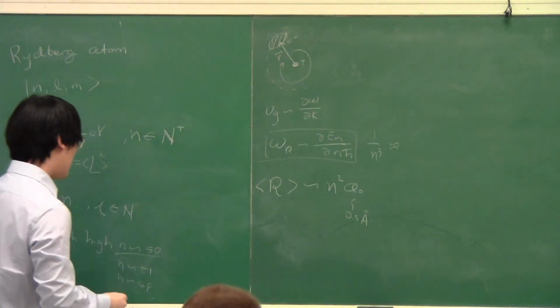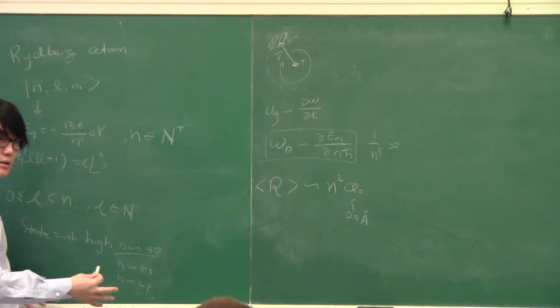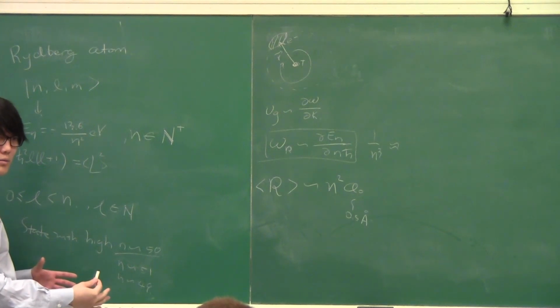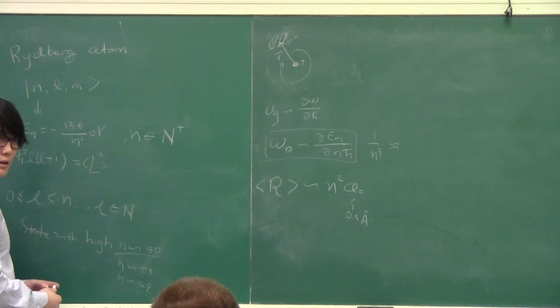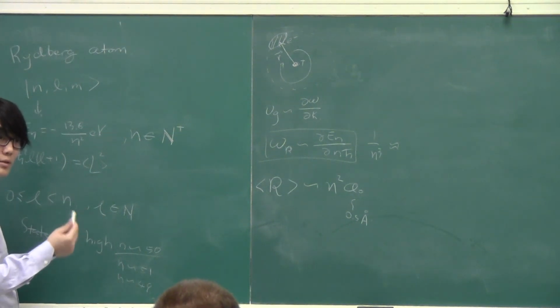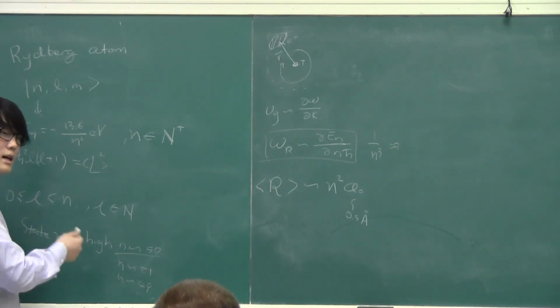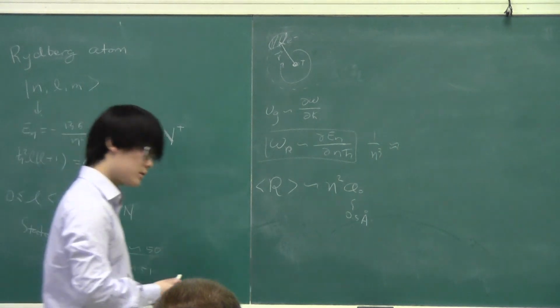And when we're using n of, say, 50, then the atom is actually about 100 nanometers big. So an atom can be very big. And in fact, if you go up to n equals 100 or so, which can be prepared experimentally, then the atom is as big as a virus, on the order of microns.